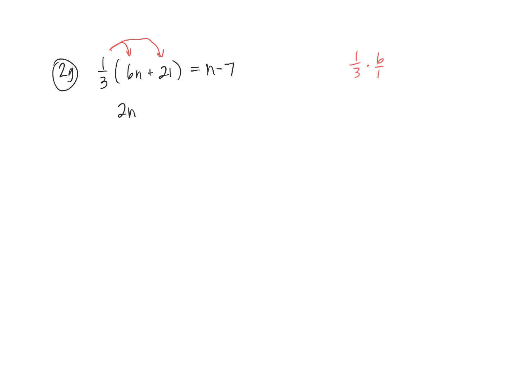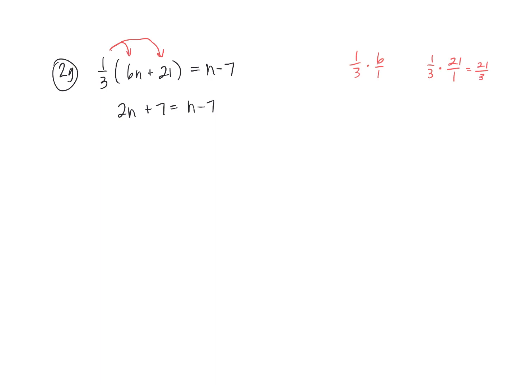So 2n. And then similarly, we have 1/3 times 21, which is 21 over 1. Remember, you're just multiplying straight across if you don't like to reduce. So it's 21 over 3, which means 21 divided by 3. So we get 7 equals n minus 7.